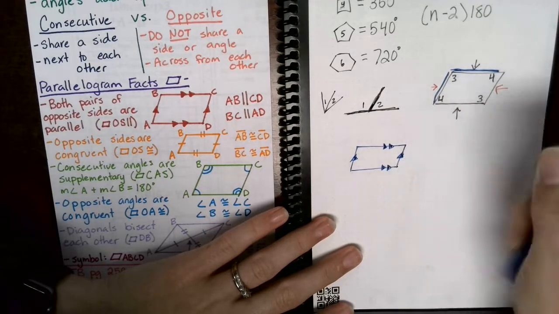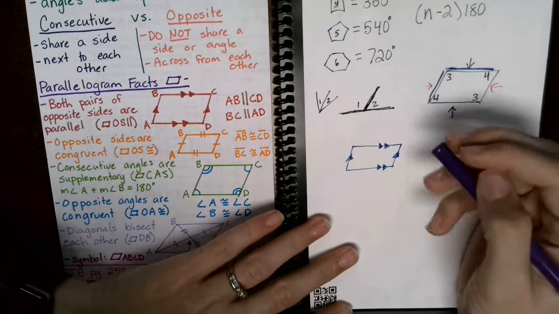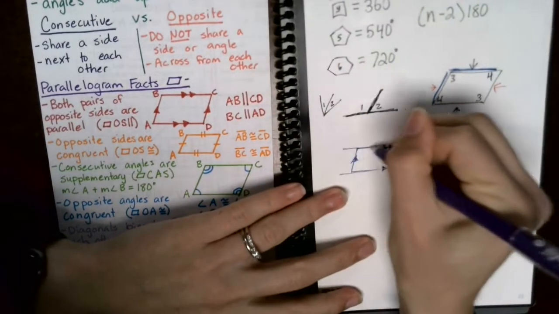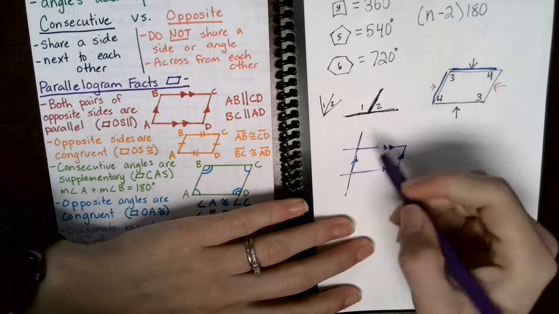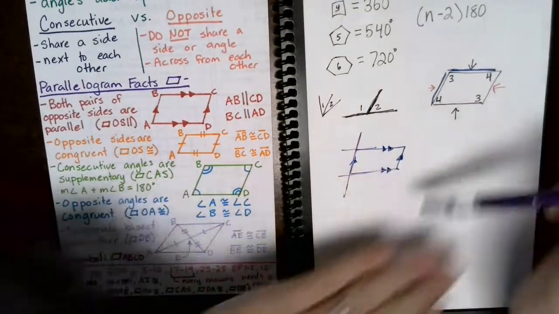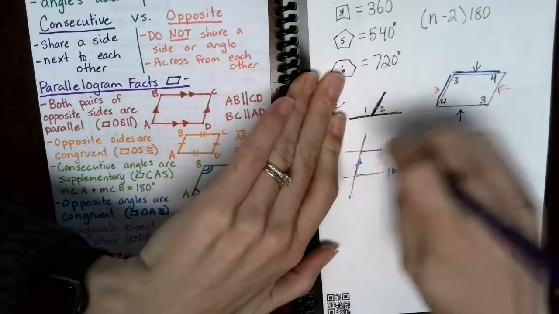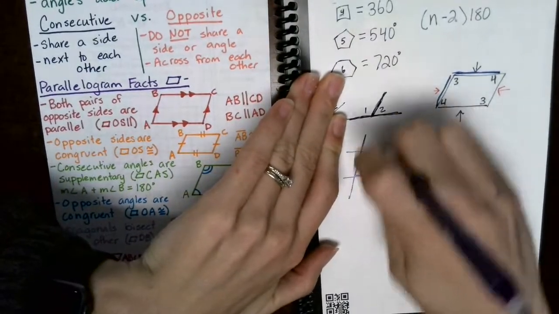Now, remember everything we learned about parallel lines cut by a transversal, right? We're going to pretend that we can see that out right there. I'm even going to erase the second half of this. That way we can see it a little bit better.